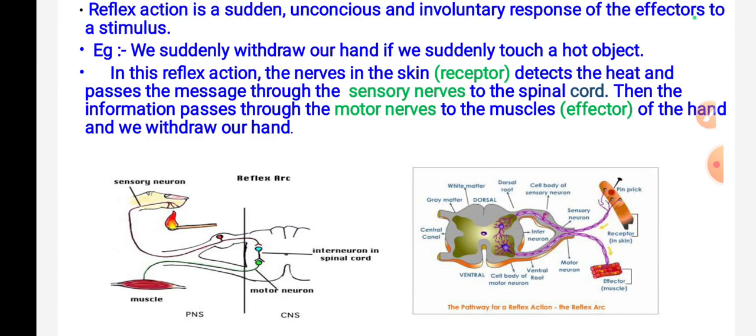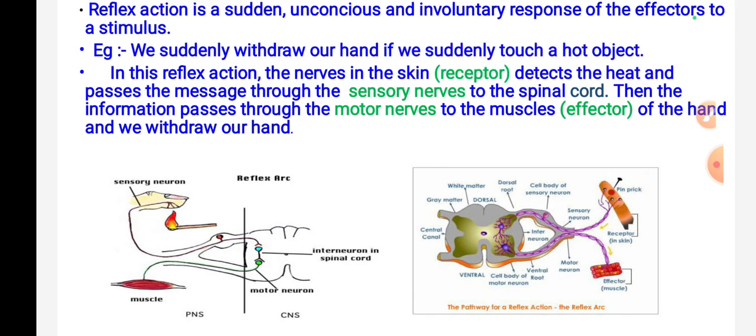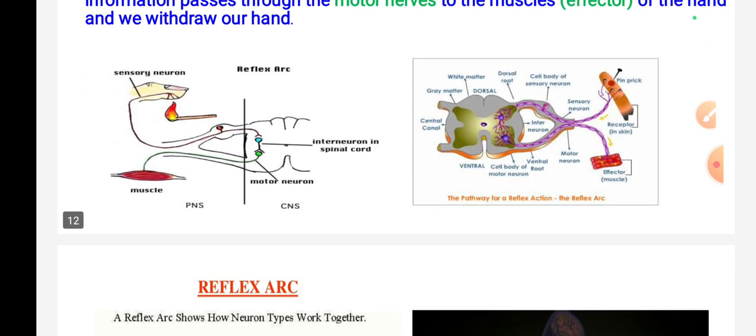In this reflex action, the nerves in the skin, the receptor, detect the heat and pass the message through the sensory nerves to the spinal cord. Then the information passes through the motor nerves to the muscles, the effectors of the hand, and we withdraw our hand.